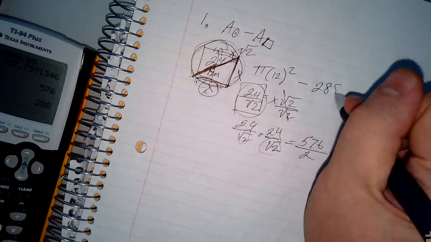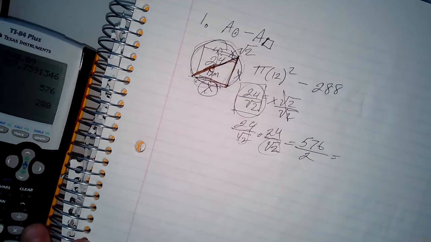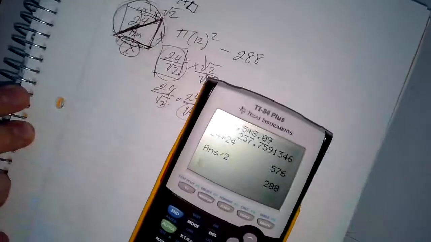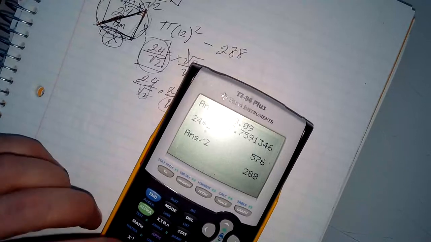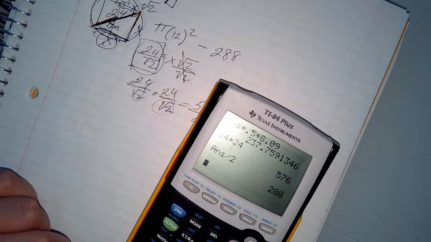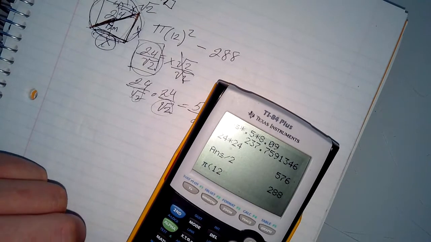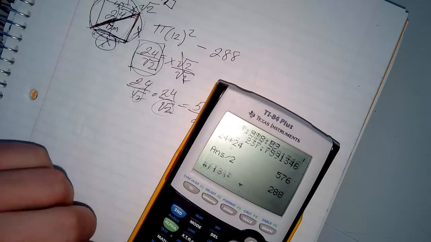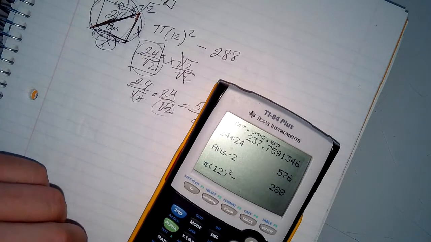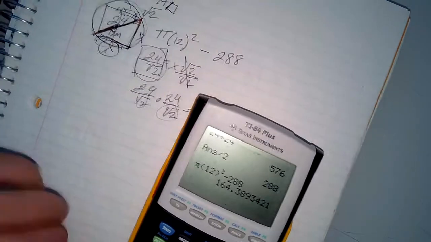So minus 288. All right. So we have pi times 12 squared, and then minus 288. And we get 164.4 meters.